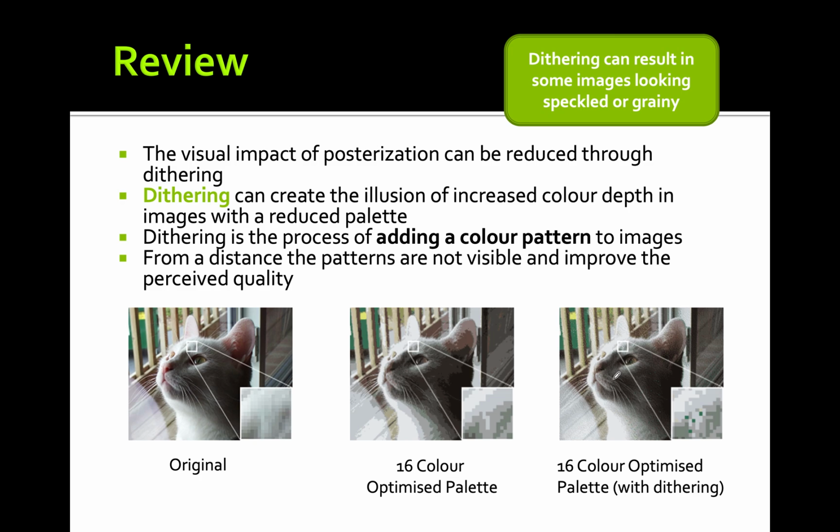The visual impact of posterization can be reduced through different techniques. One is dithering. Dithering can create an illusion of increased color depth. Okay, it is an illusion, not the actual.